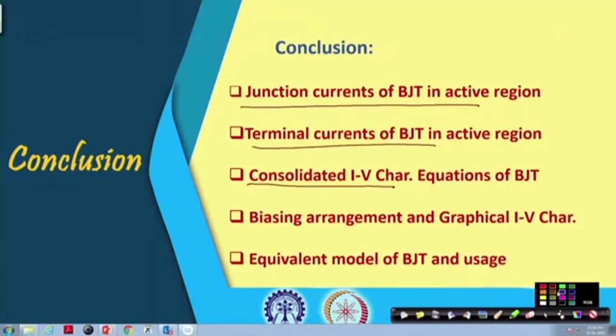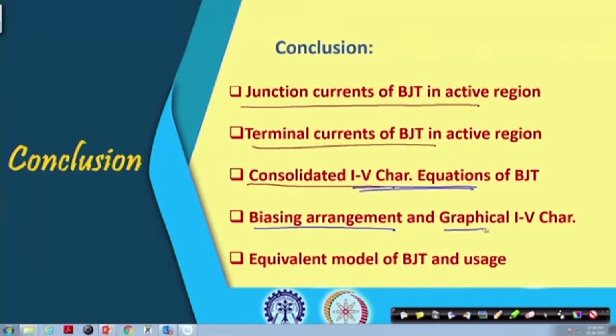In the second part, we utilized the IV characteristic obtained from the device to analyze a circuit containing an NPN transistor, and also saw what kind of biasing arrangement we have to do in an actual circuit.